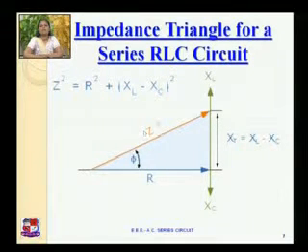If you have to find the magnitude of impedance, it is equal to the square root of R square plus XT square, and the phase angle phi is equal to cos inverse of R divided by Z. So using this equation you can find the magnitude of impedance as well as the phase angle of the impedance.